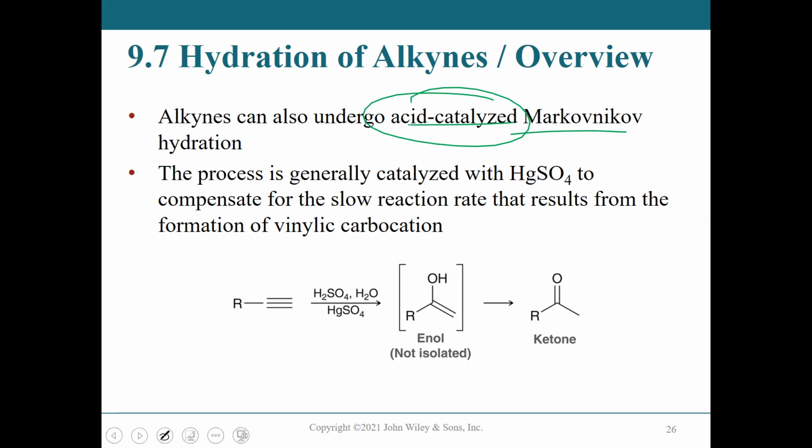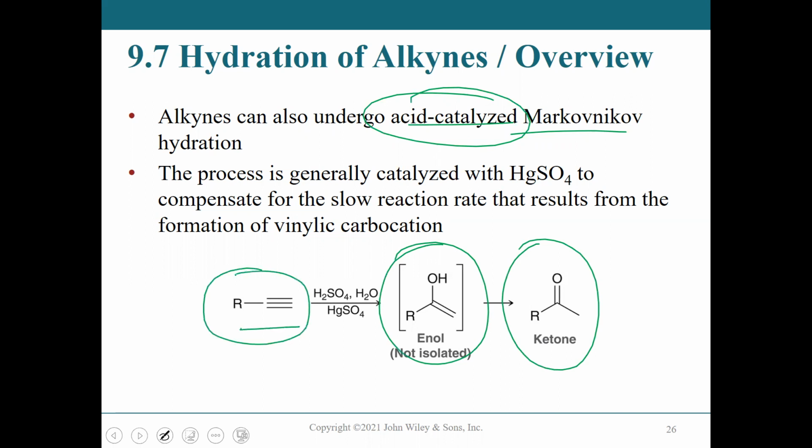So what happens? We don't need to know the mechanism of the conversion reaction, only the last stage, this part. That's the one that we have to understand the mechanism of. For this reaction, you will have the alkyne, which is a triple bond. You will use this combination of reagents: sulfuric acid, water, and mercury sulfate.